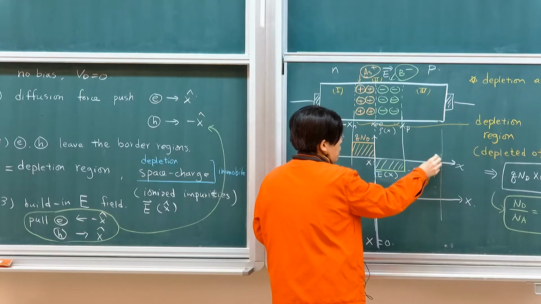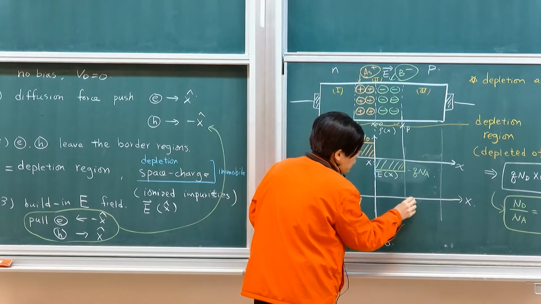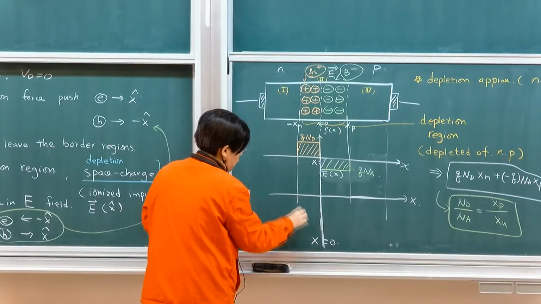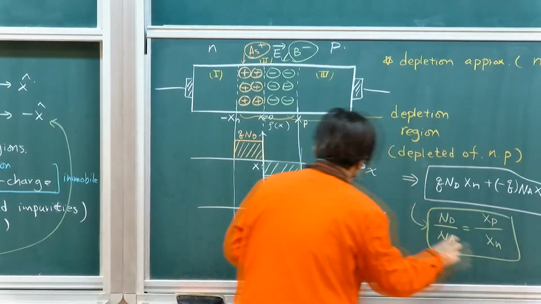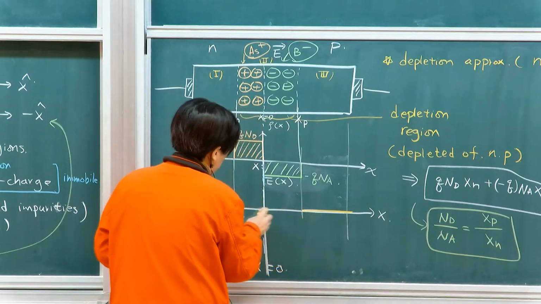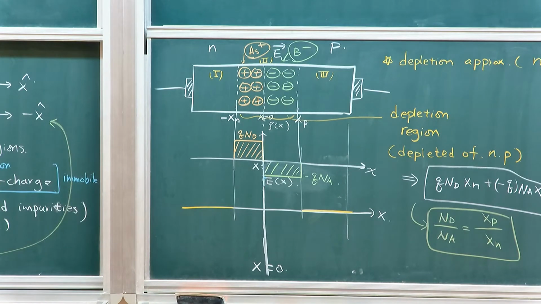So if I'm moving this surface slightly toward this edge, in this neutral region you will have 0 electric field. So I'm drawing the electric field. In neutral, there's no charge. The net charge is 0 if you wrap it on the left or on the right. So it should be 0.